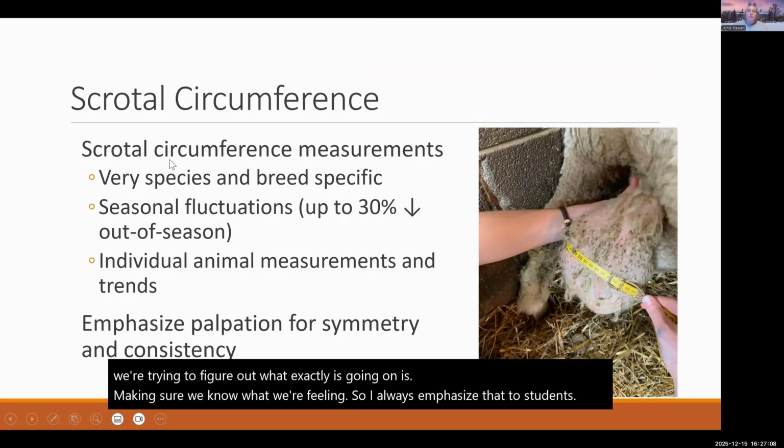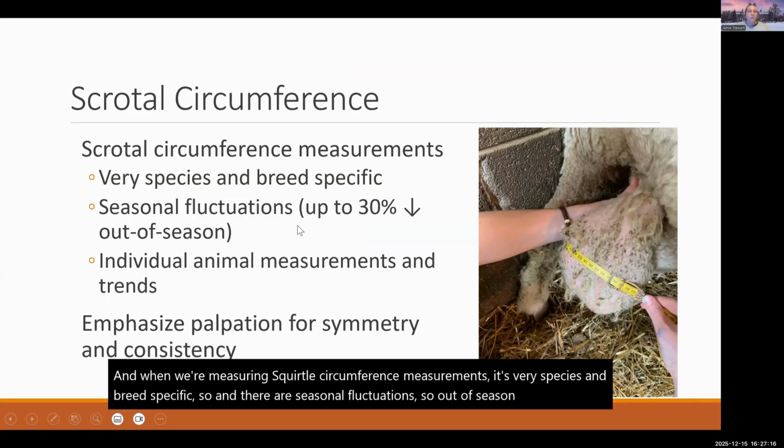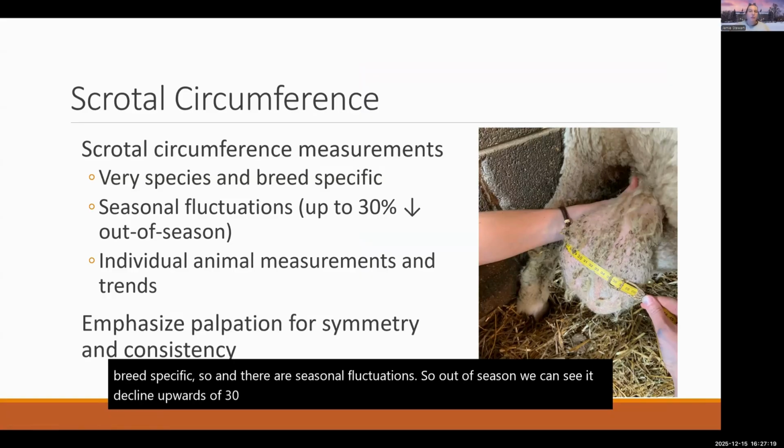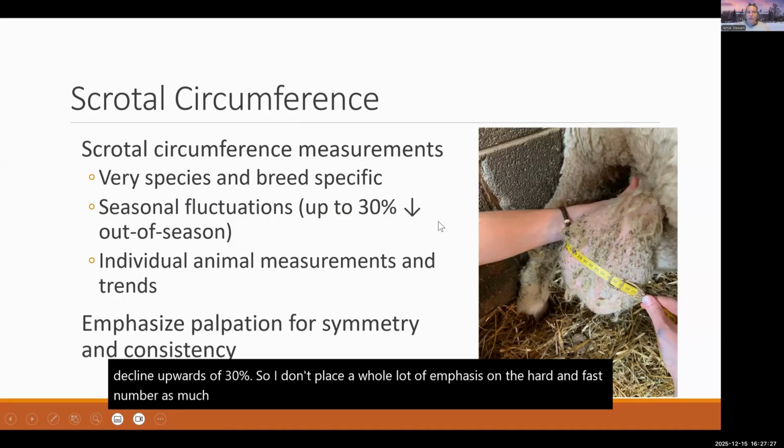And when we're measuring scrotal circumference, it's very species and breed specific. And there are seasonal fluctuations. Out of season, we can see it decline upwards of 30%. So I don't place a whole lot of emphasis on the hard and fast number as much as the individual animal, his breed, and how they palpate.